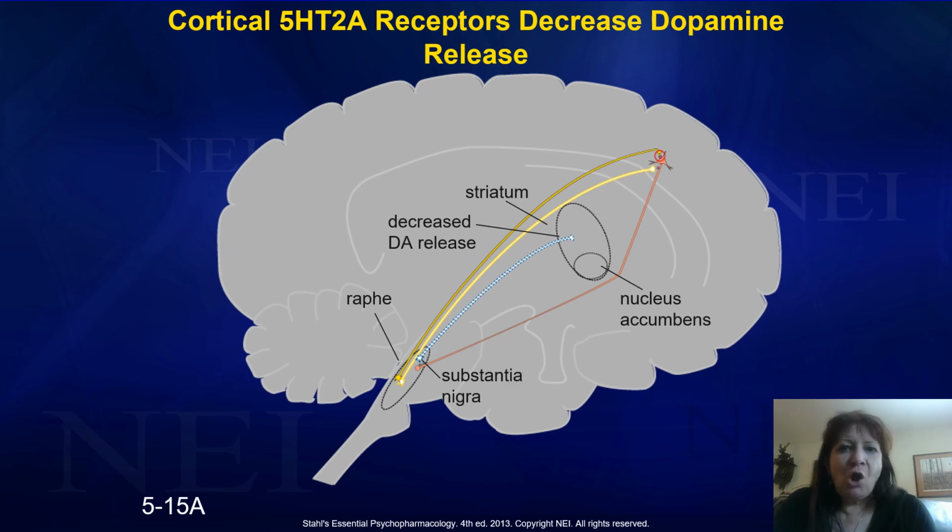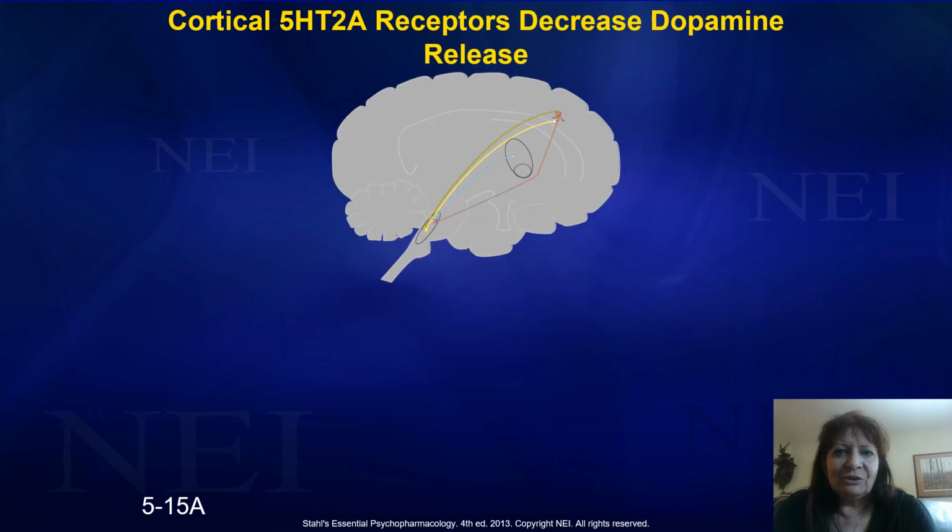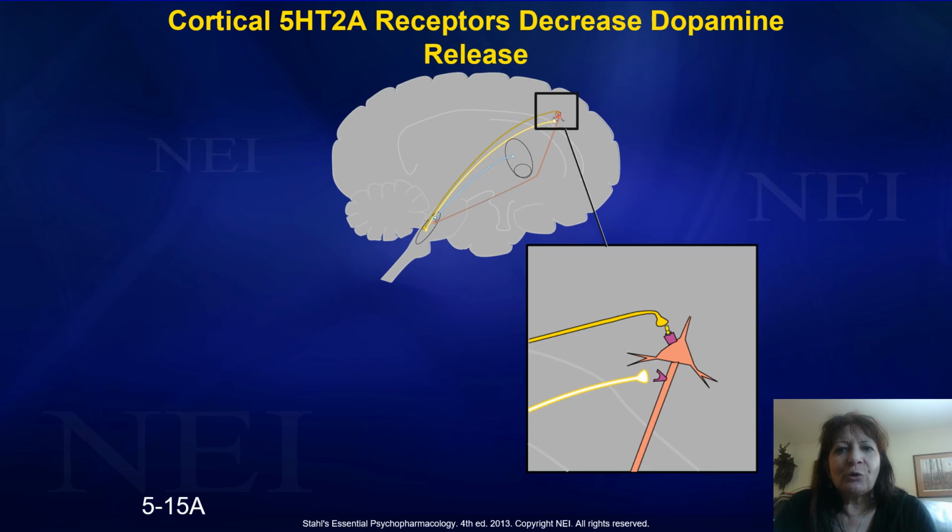Okay, so when we have an atypical antipsychotic that includes 5-HT2A antagonism, the 5-HT2A receptors on the glutamate pyramidal neurons are blocked, and so GABA release is not stimulated, and dopamine is not inhibited, meaning that the dopamine release increases.